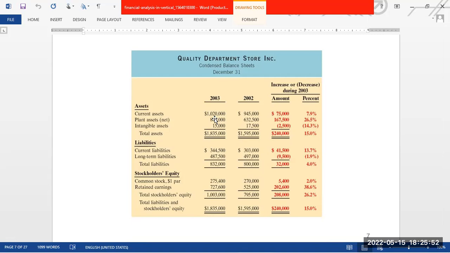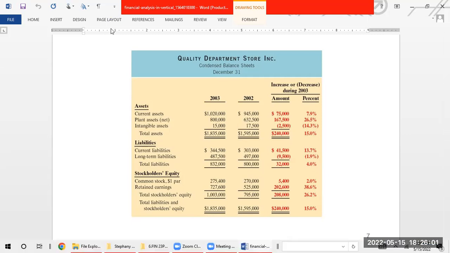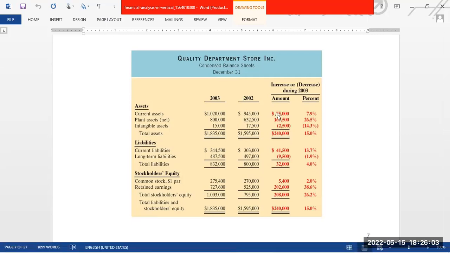You are supposed to get that 75,000, and everyone can confirm this calculation here. You take 945 subtract from 1020, you're supposed to be getting your answer correctly.